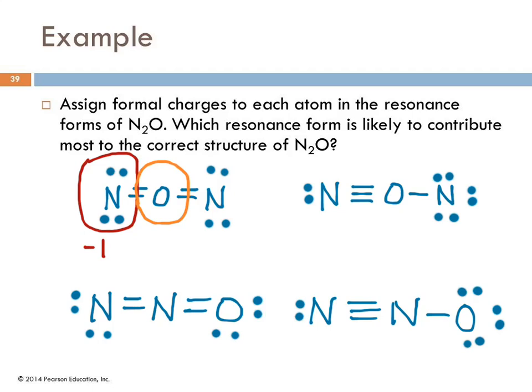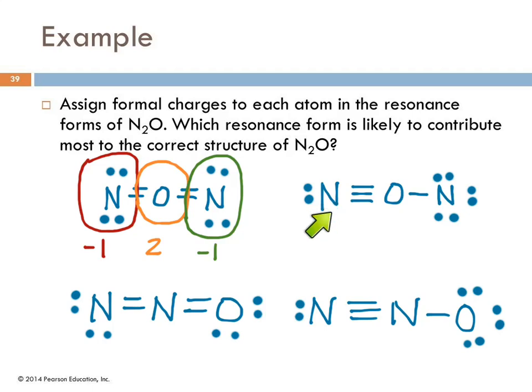So 6 minus 4 is +2. And this nitrogen over here is the same situation as the first one, isn't it? So this is also -1. Are those great formal charges? No. At least we have the negative ones on the more electronegative element. No, wait, we don't. Oxygen. I was thinking carbon. No, so this one's just totally screwed up.